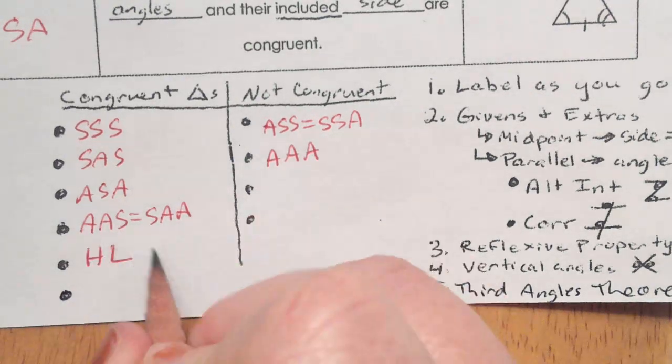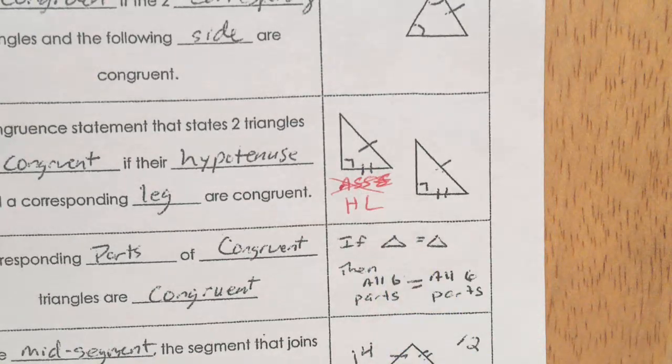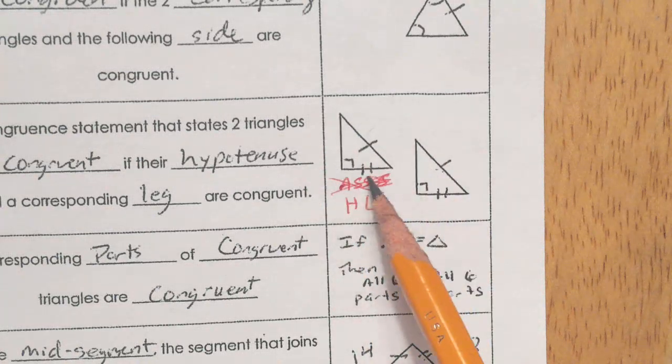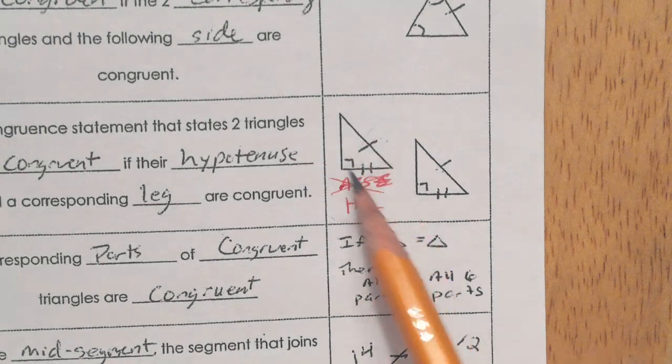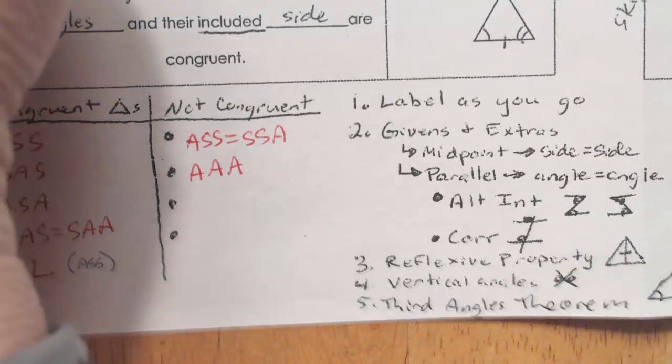So if you go around the triangle, and you have no idea how to do that yet, but if you get ASS, so angle, side, side, then your fallback is, wait a minute, is this hypotenuse leg? Is this a 90-degree angle hypotenuse leg? So that's a fallback.